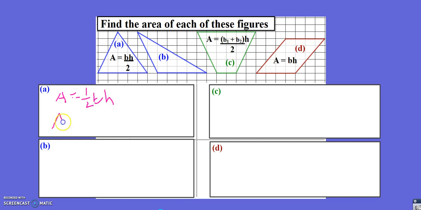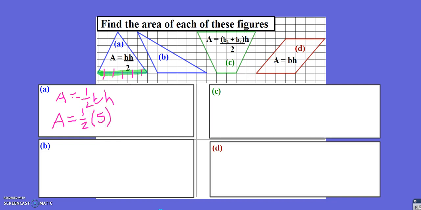We substitute A equals 1/2. Here we need to figure out what our base is. So the base here we can count to be 1, 2, 3, 4, 5. So we have a base of 5.